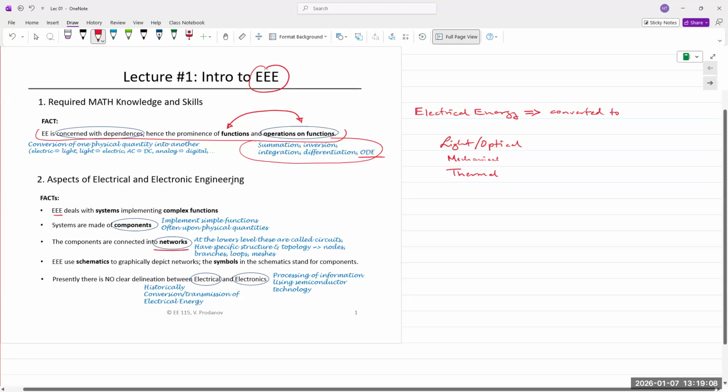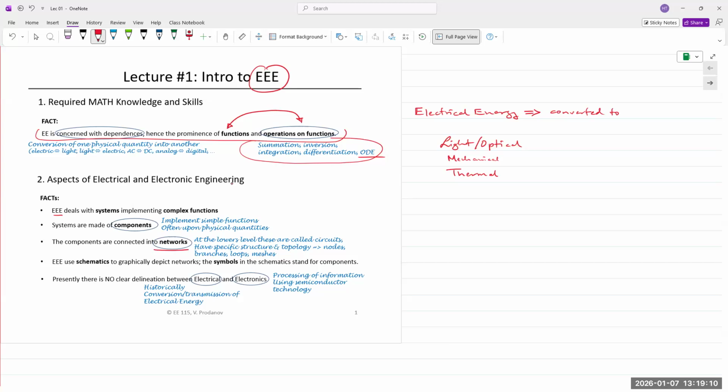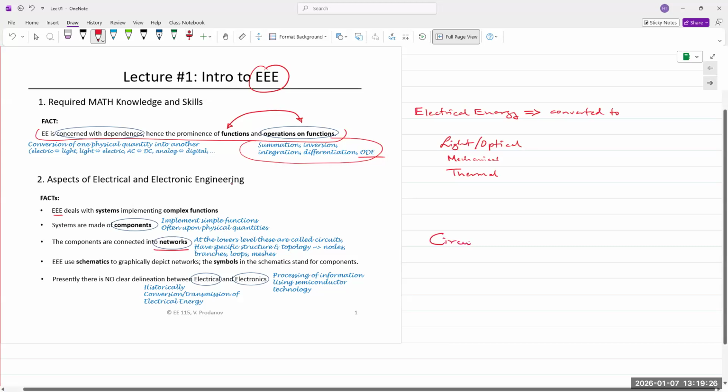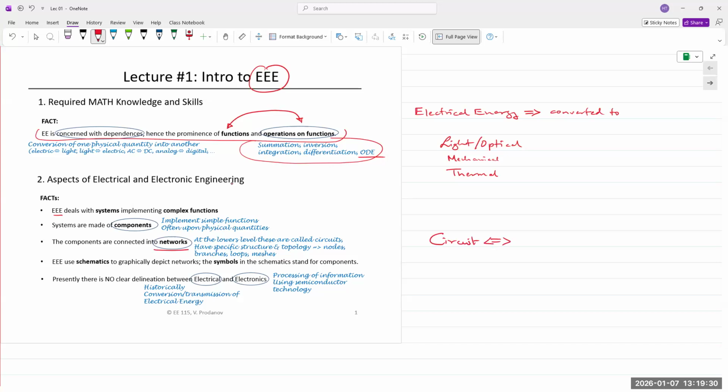In electrical engineering or in engineering in general, sometimes we use networks and circuits interchangeably. So in some cases, we might refer to it as a circuit. Some cases, we might refer to it as a network. And so in a way, we can say these two words are kind of synonyms or analogous to each other.